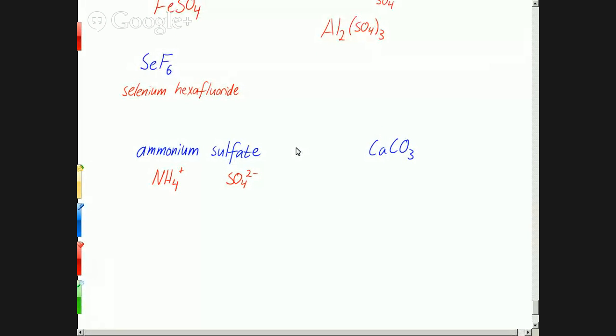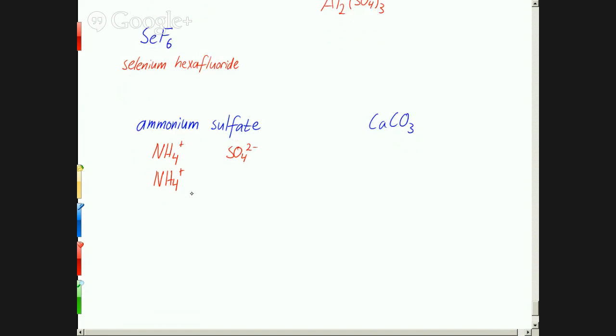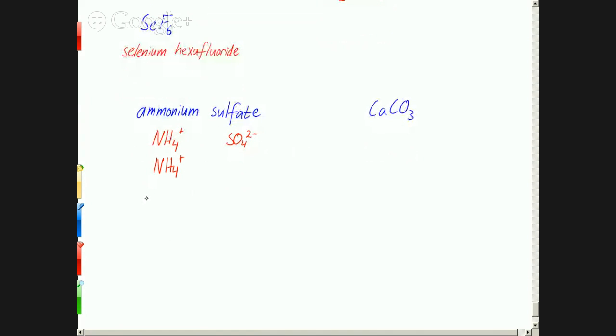That's why it's named this way. To figure out how many we have in the formula, we need to balance the charge, just like any other ionic compound, which means how many of these do we need relative to this? One more. We need two of these and one of these, and the way we would write that is like that.